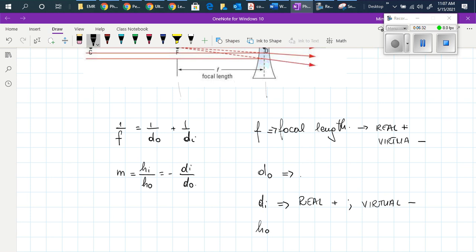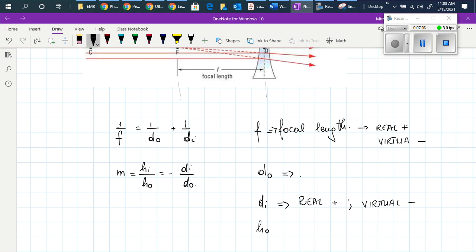Let's see now some cases in which the image is created as a result of the rules that we apply for the ray diagram. The rules are: if the incident ray is parallel to the principal axis, then it passes through the lens and, in passing through, will go through the focal point.